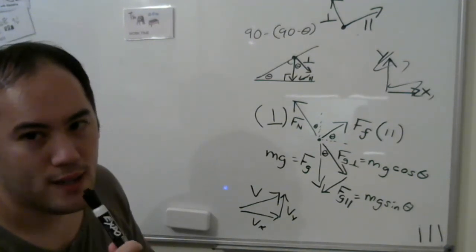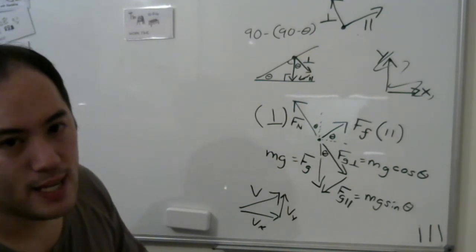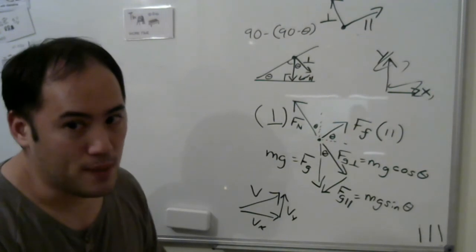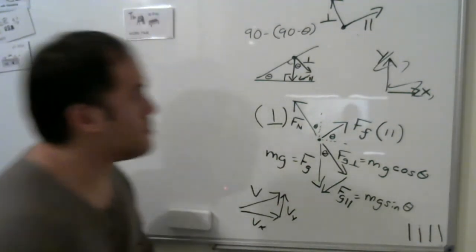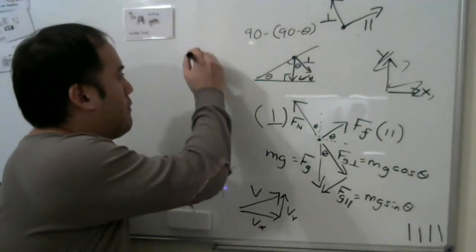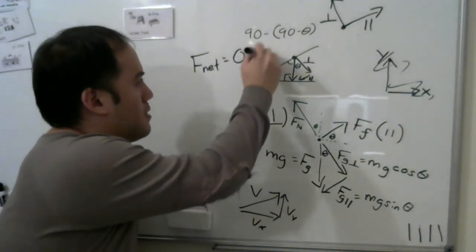What are Fn and Ff? Tell me. How do we solve for Fn, the normal force, and Ff, the frictional force? It's not a formula. Look at the problem. We know it's equilibrium. We know that F net equals 0 newtons.